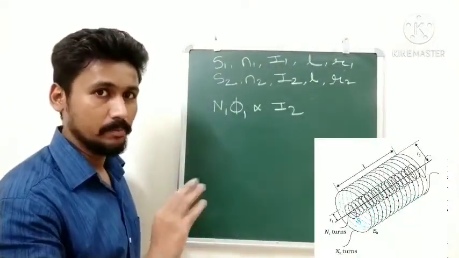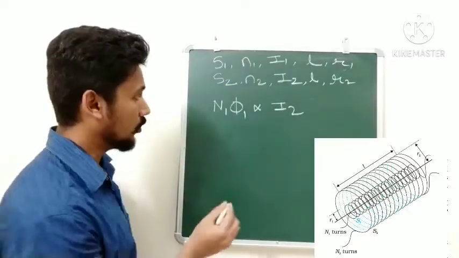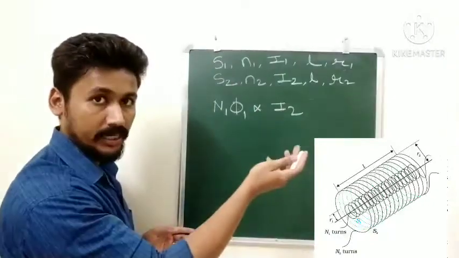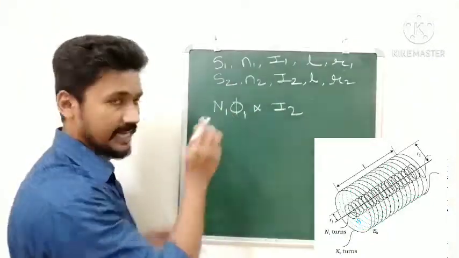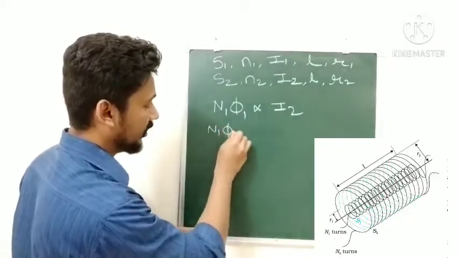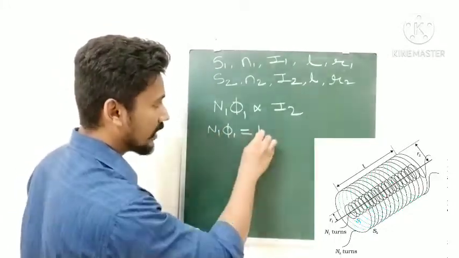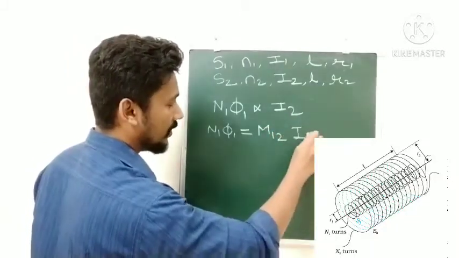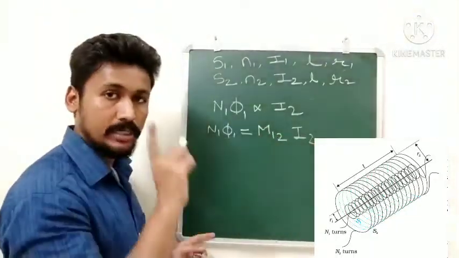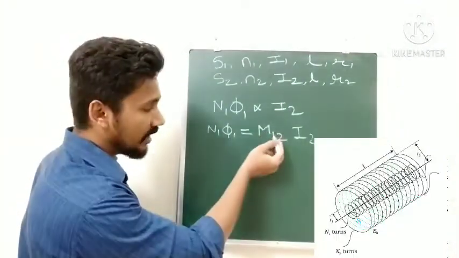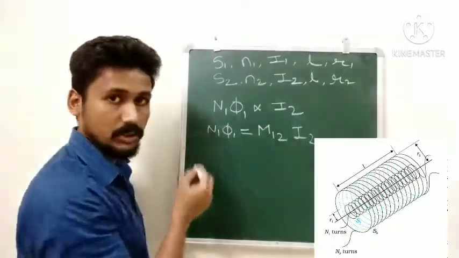I hope this is not too difficult to follow. So this is the proportionality you are getting. I2 is the current flowing, which is causing a flux linkage N1 phi 1. Then we'll remove the proportionality and get N1 phi 1 equal to, now the constant we'll add is M12 multiplied by I2. What is M12? M12 is called the mutual inductance of S1 with respect to S2.